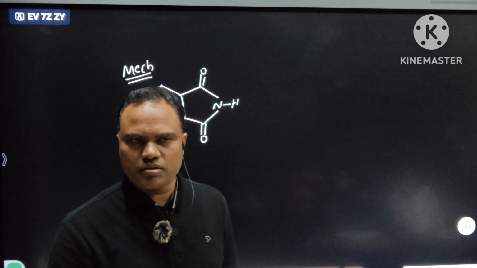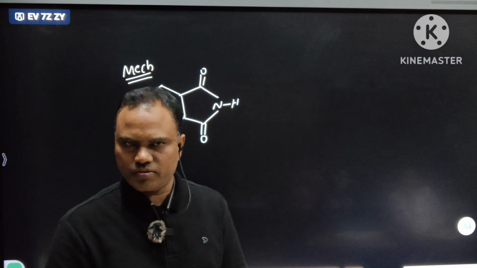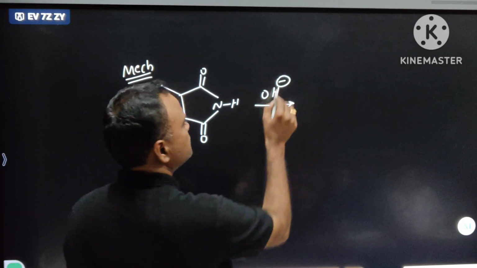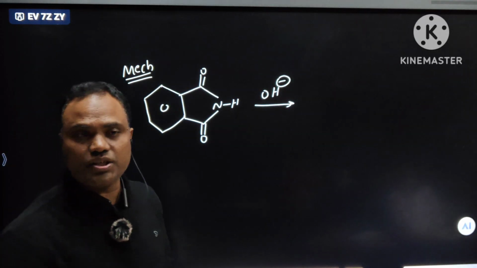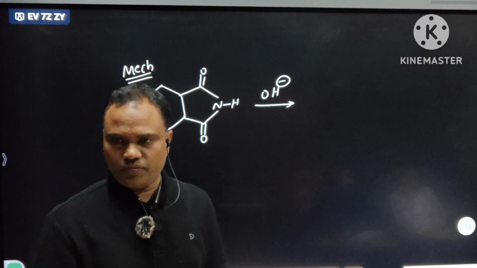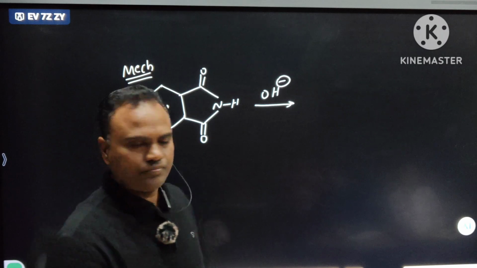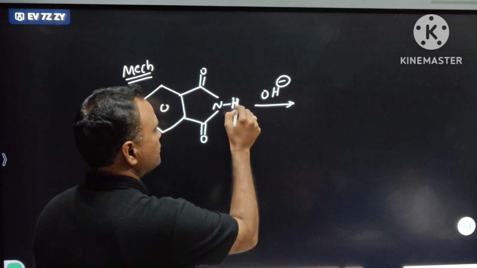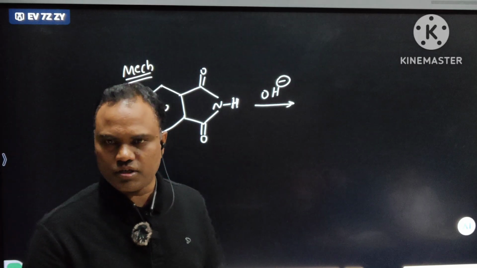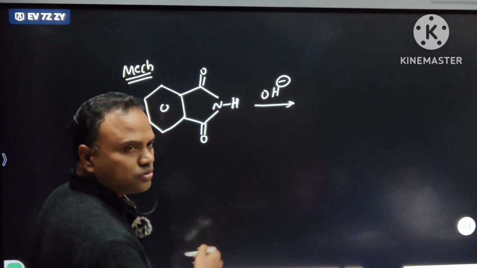Right, the mechanism. First listen; I will give time for copying. What is the first reagent? Sodium hydroxide. OH minus is a good base. This OH minus captures the acidic hydrogen. What is acidic hydrogen? Hydrogen present on a more electronegative atom. This hydrogen is present on the more electronegative nitrogen atom, so it leaves without its bond pair.